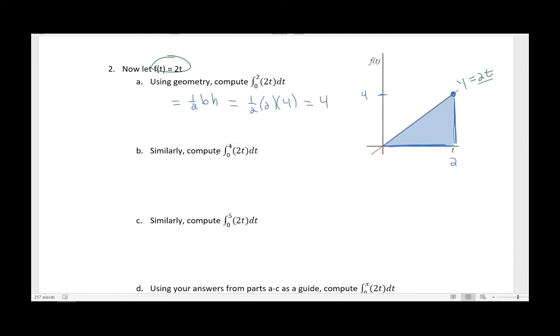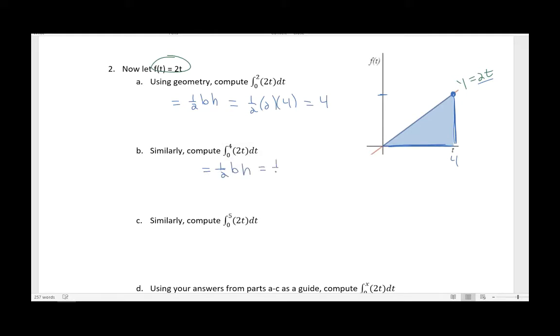So let's do the next example. I'm going to integrate from 0 to 4. So I'm finding the area under the curve from 0 to 4. So I'm going to come back over here and let me erase that stuff. And we're going from 0 to 4 on my independent axis. So again, this is a triangle. I'm going to have 1/2 base times height.